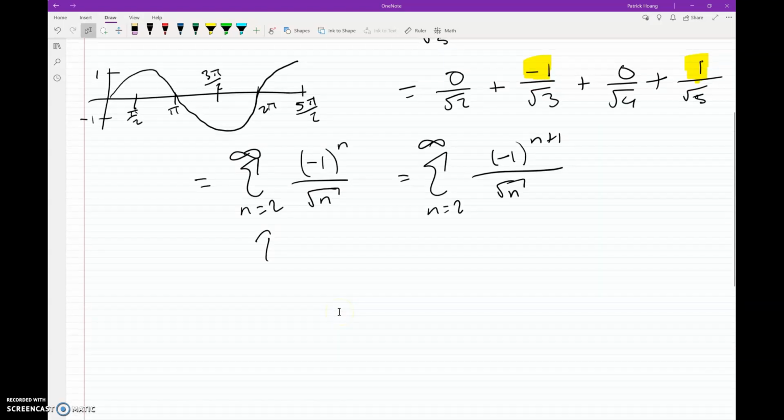If you were to write out the terms in the first one, this would be negative 1 squared is positive 1 divided by the square root of 2, plus negative 1 cubed would be negative 1 over the square root of 3, plus negative 1 to the 4th power is 1 over the square root of 4. So we can see that they don't line up, okay?